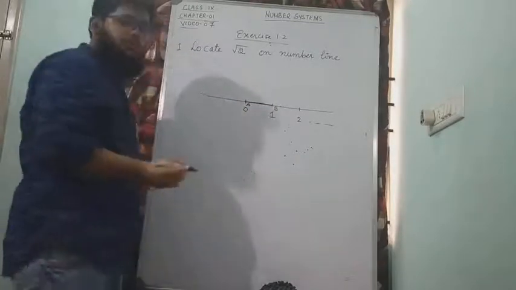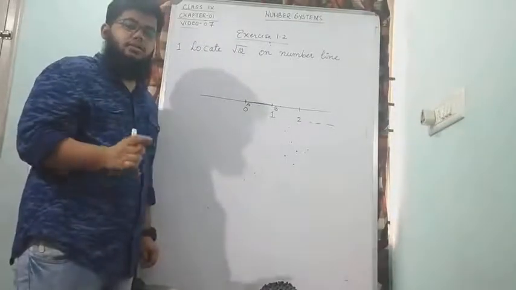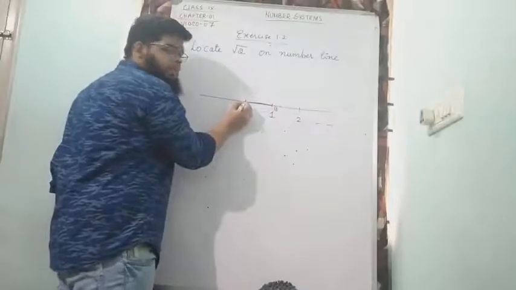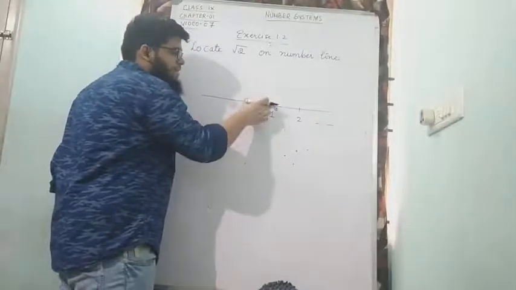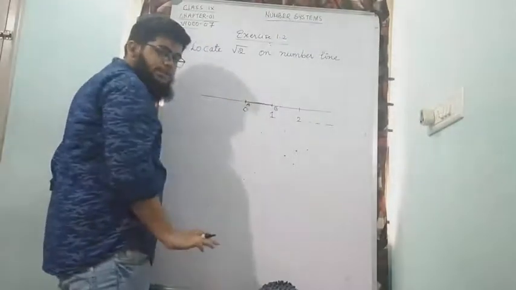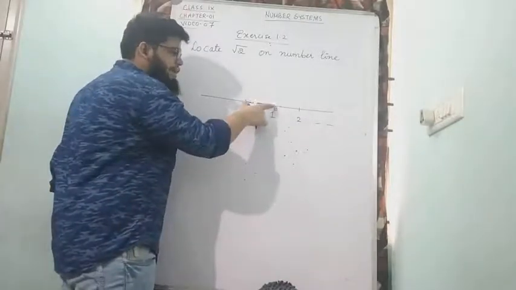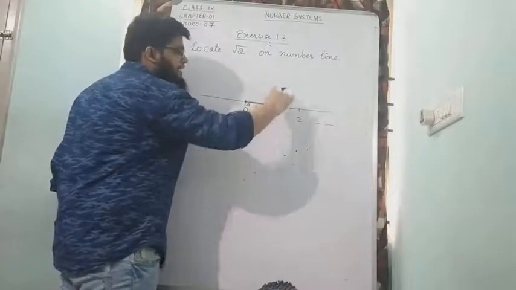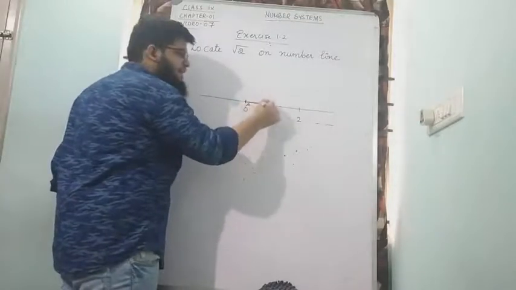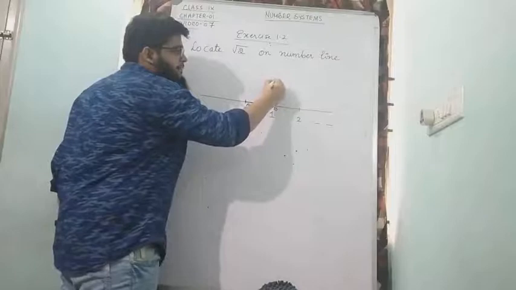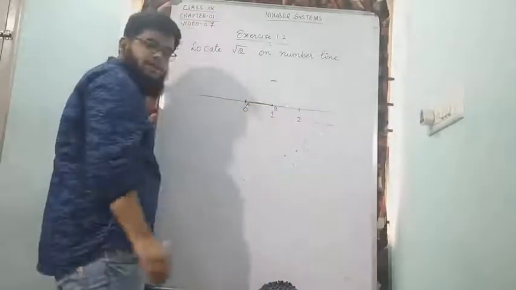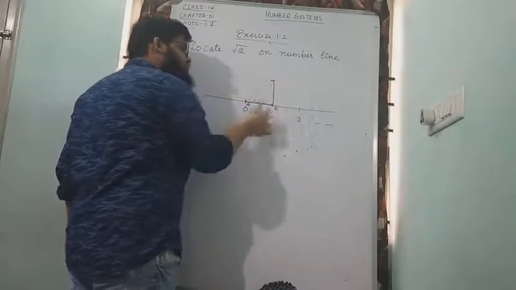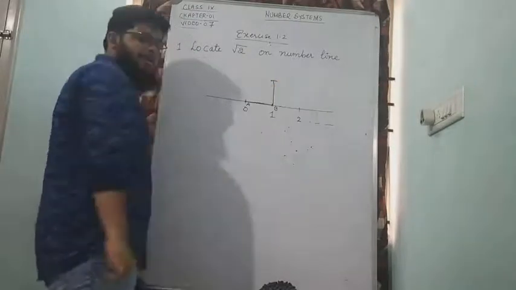Then I'll take my compass and keep the needle of the compass here, and measure up to B. I'll measure the distance from A to B, then keep the compass here, and with exactly the distance I have got, I'll make a mark here with the pencil, and then I should join this.